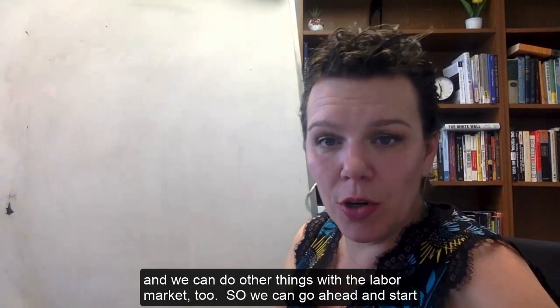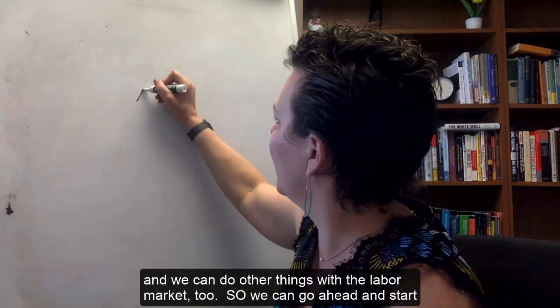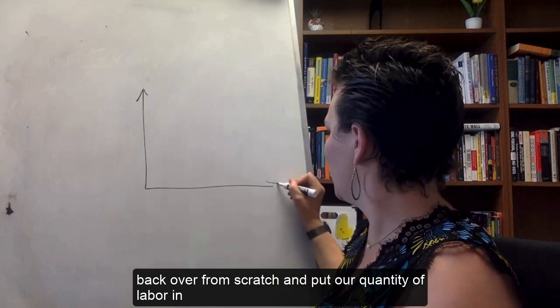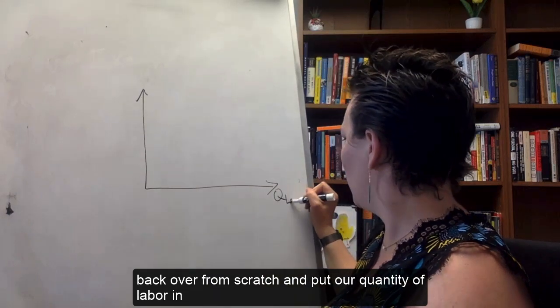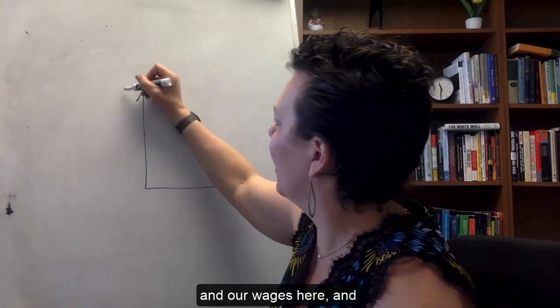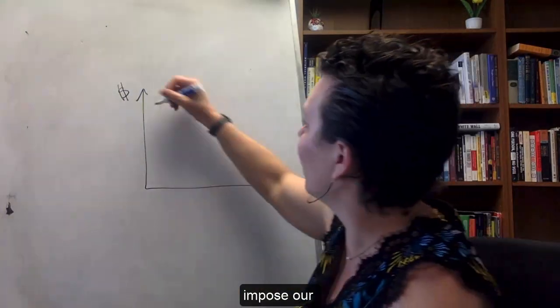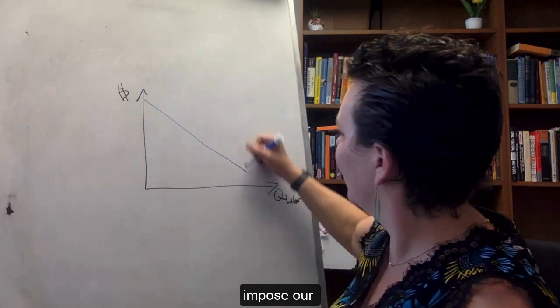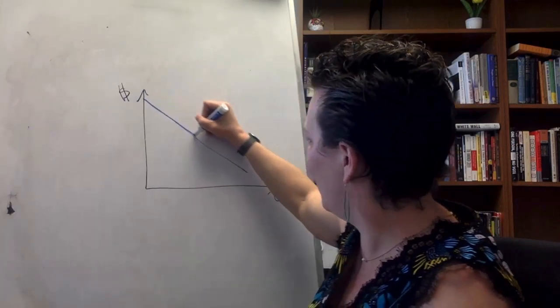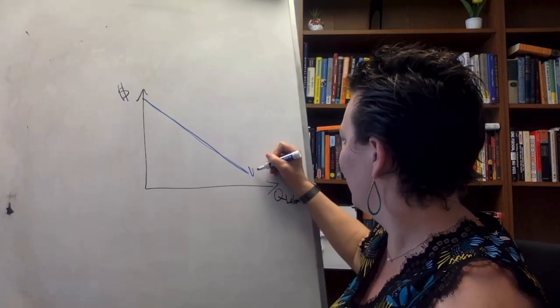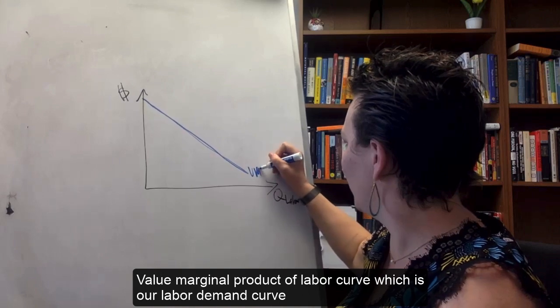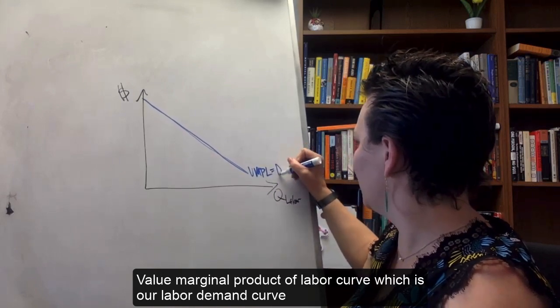And we can do other things with the labor market too. So we can go ahead and start back over from scratch and put our quantity of labor in and our wages here and impose our value marginal product of labor curve, which is our labor demand curve.